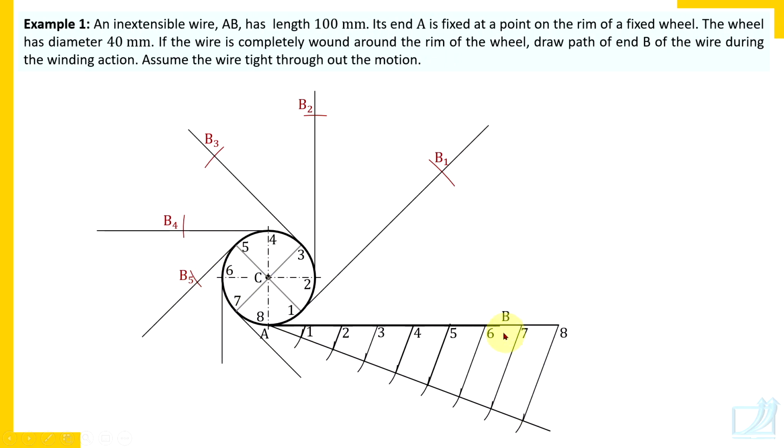Now the sixth tangent, take distance 6b in the compass and from point 6 on the circle, cut the sixth tangent. This point is B6, label it. Have you noticed that point B, which was initially here, is now gradually moving closer and closer to the circumference of the circle, and now it is very close to the circle.